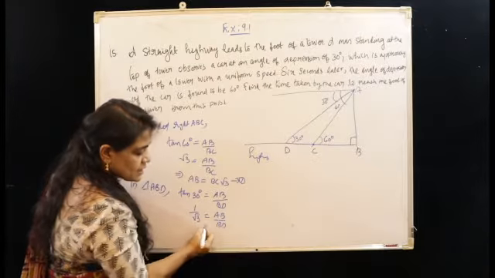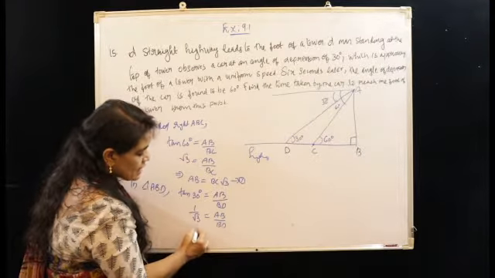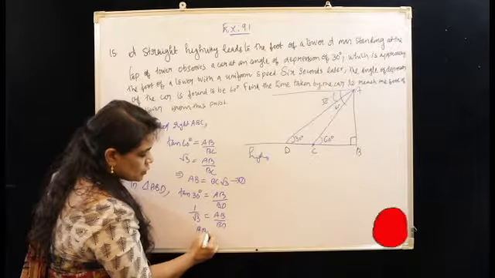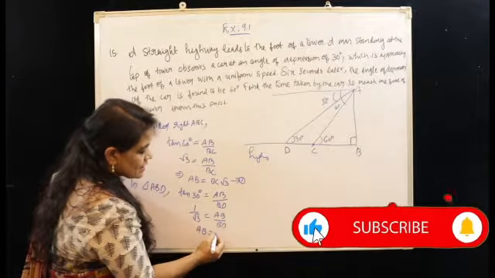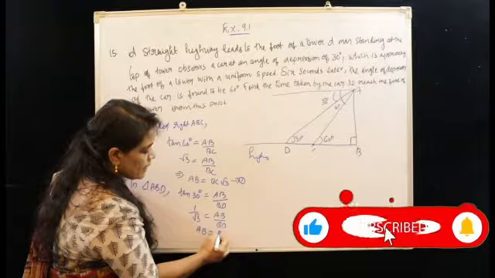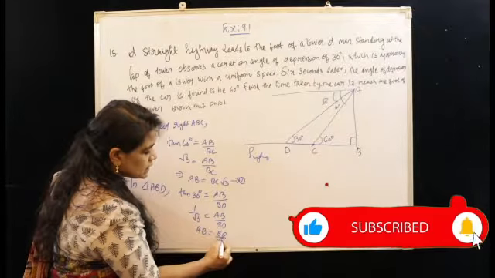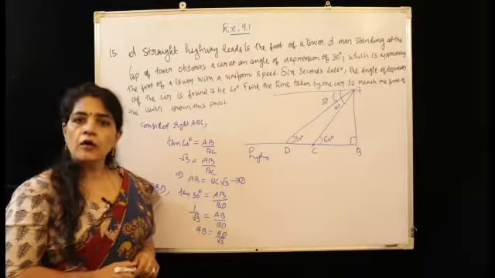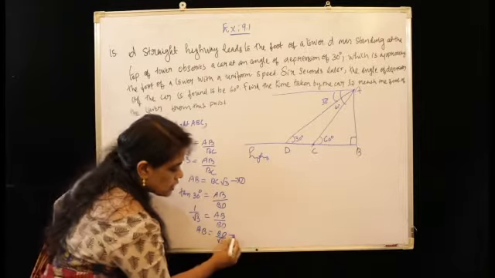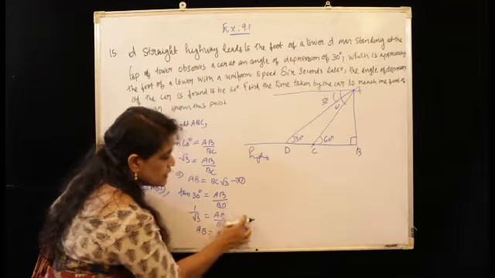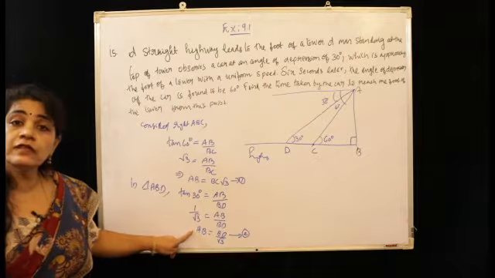And from this I am writing with respect to AB, that is AB is equal to BD by root 3. Now we can mark this as equation number 2. So now see these two equations, these both are with respect to AB.